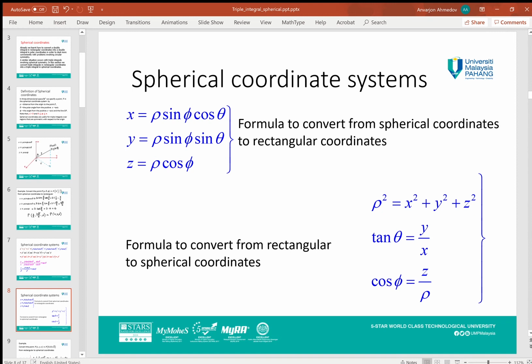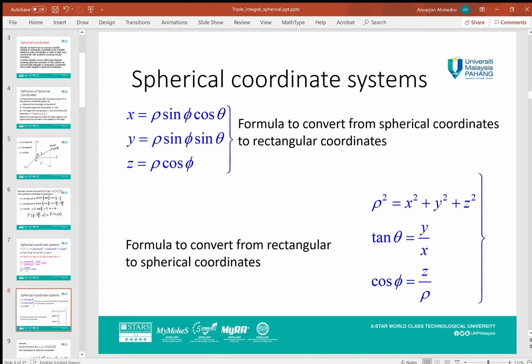In the second line, you can see the three formulas we just derived from them. The first three formulas are convenient when we want to convert a point from spherical to rectangular coordinates. The second three formulas are useful to convert a point from rectangular to spherical coordinates.